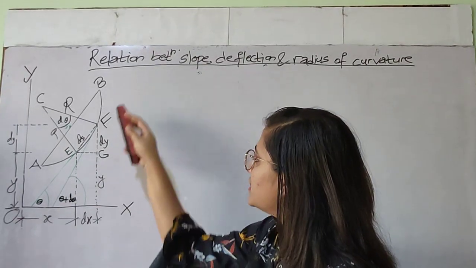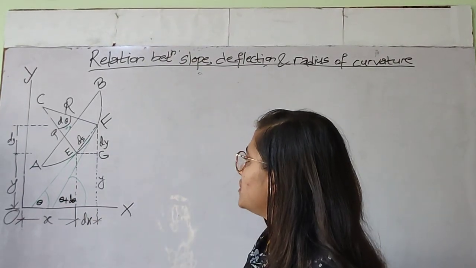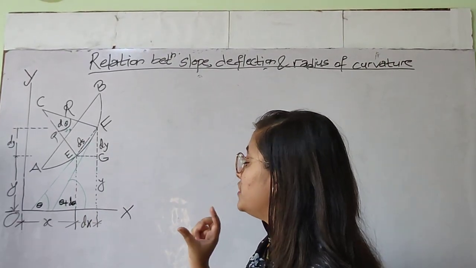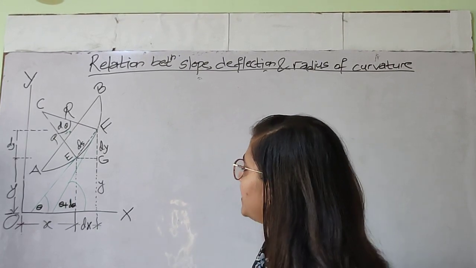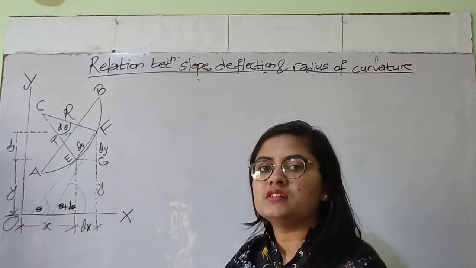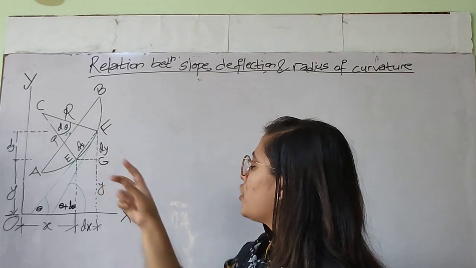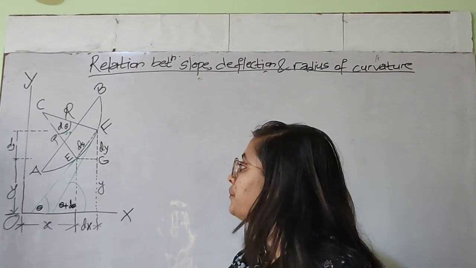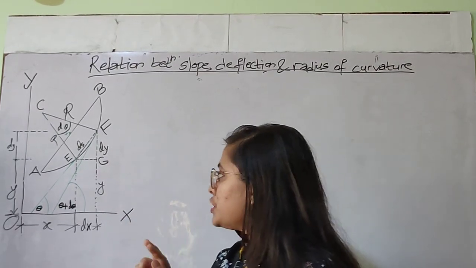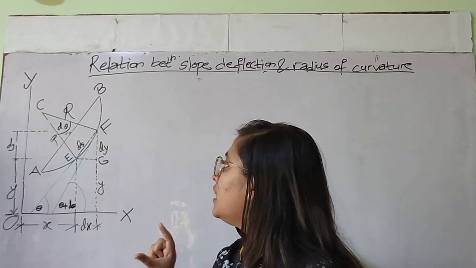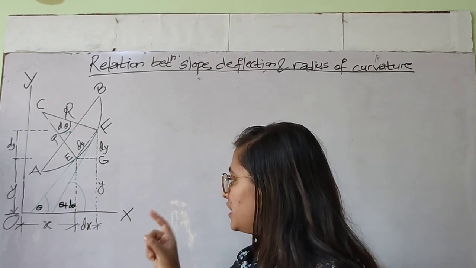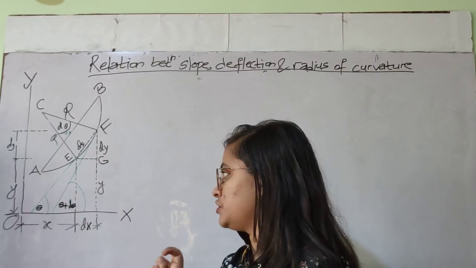So this beam AB is deflecting and we are considering a very small portion of the deflected shape, that is ds, which subtends an angle d theta, and the radius of curvature is r. Now from the extremes of this infinitesimal length we draw perpendiculars.